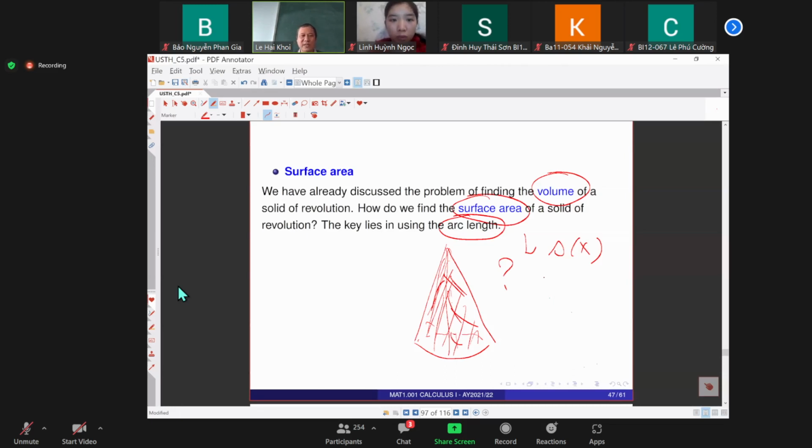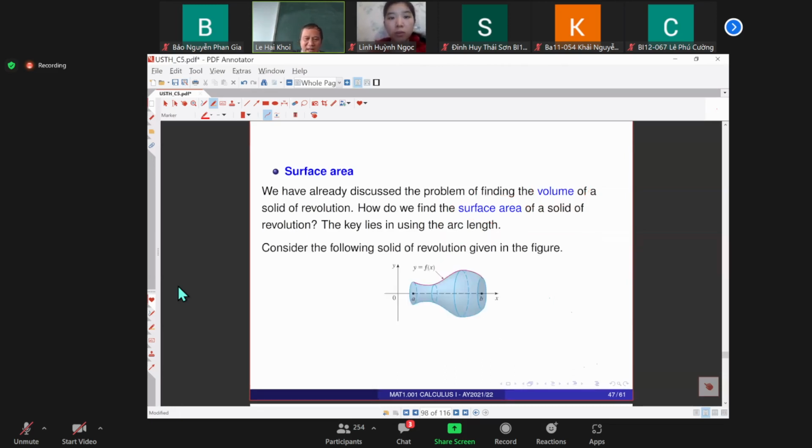So you see, cái thể tích của nó, ta biết rồi. Okay, so that the V is the integral from a to b of A(x) dx. This is the volume. But how about the surface area of that?